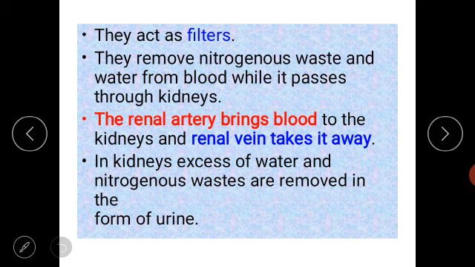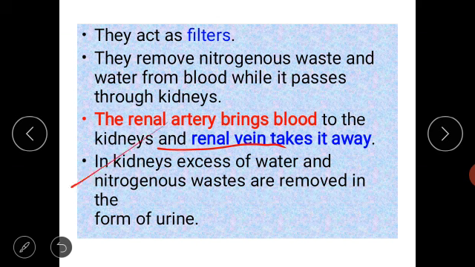That is deoxygenated blood but purified blood. Purified in the sense that nitrogenous waste is removed from the blood by the kidney, and that purified blood is taken away by the renal vein towards the heart. Then the heart supplies that deoxygenated blood to the lung, where it is mixed with oxygen.